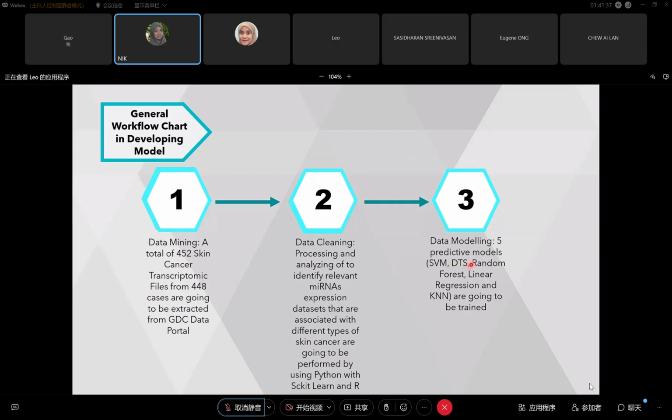I just wonder whether it is doable for the time frame. You have like 6 months, and I'm not sure whether it is doable to use all these 5 algorithms. Do you think you have enough time?